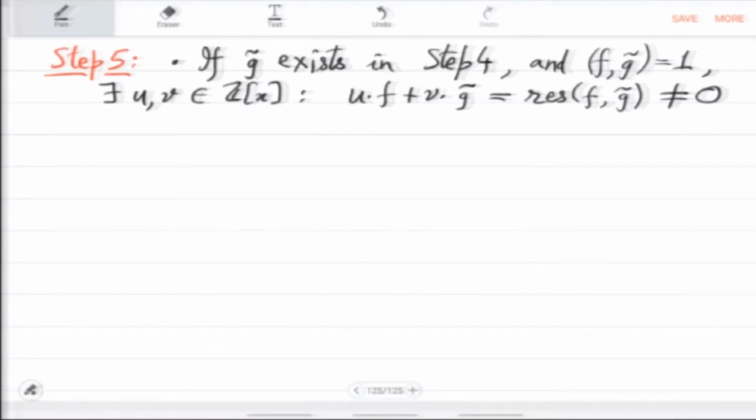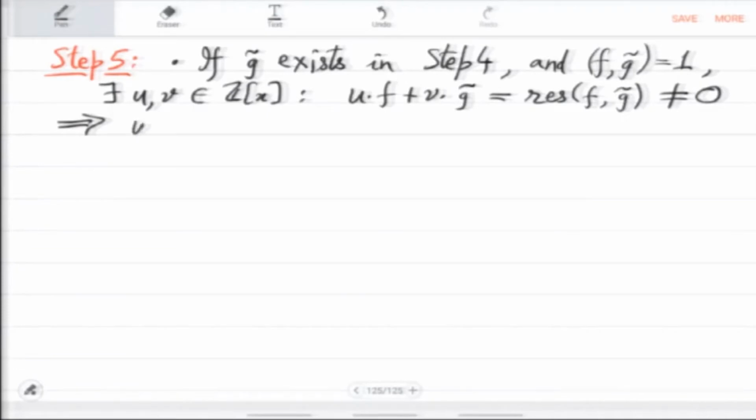Okay, what do you do here? As you can guess, you have information about how f factors and how G tilde factors. So use that information.